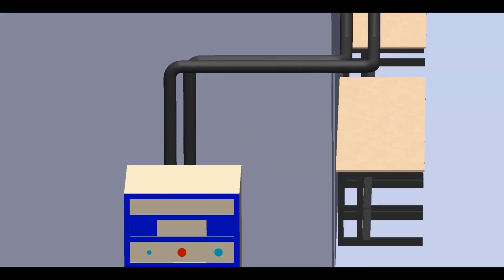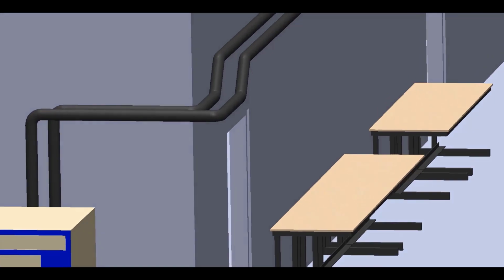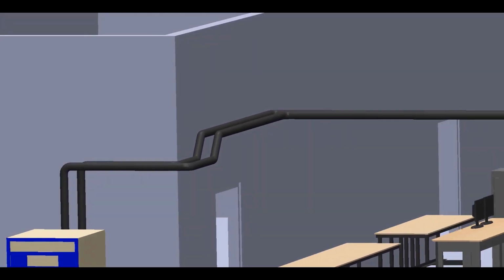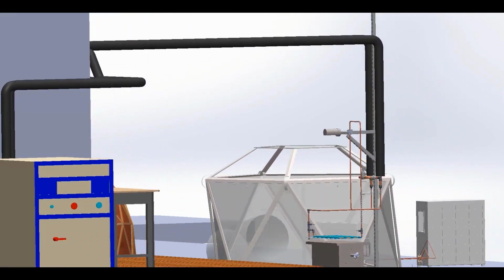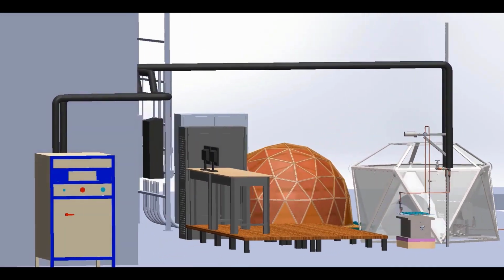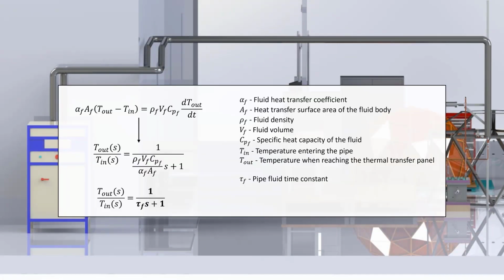The refrigerant fluid travels through the pipe system from one location to another. Basic assumptions were made to model the pipe system as a lumped first-order transfer function. A transient lumped capacitance approach assumes all thermal resistance and capacity are in the fluid, which is the heat transfer medium.